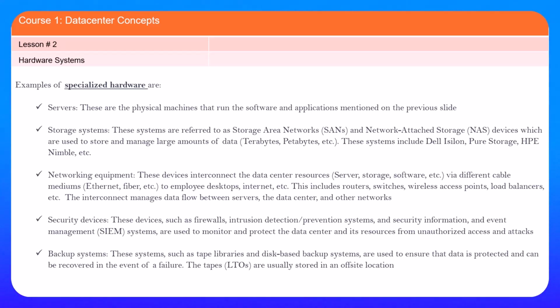Typically, this is part of what we call disaster recovery, DR, or BCP, business continuity plan, BCP DR. Typically, these are LTO tapes. I'm not going to get into the different LTO tape types. Typically you back this up and then you store it offsite.